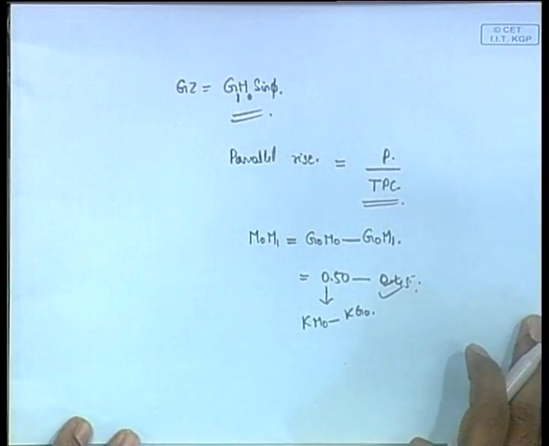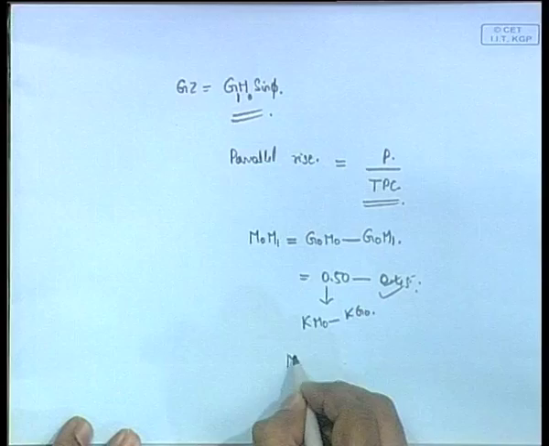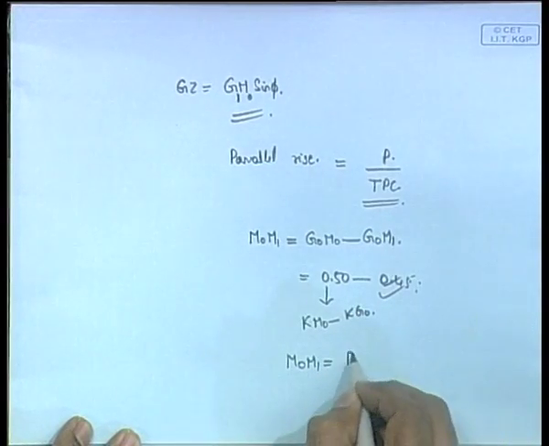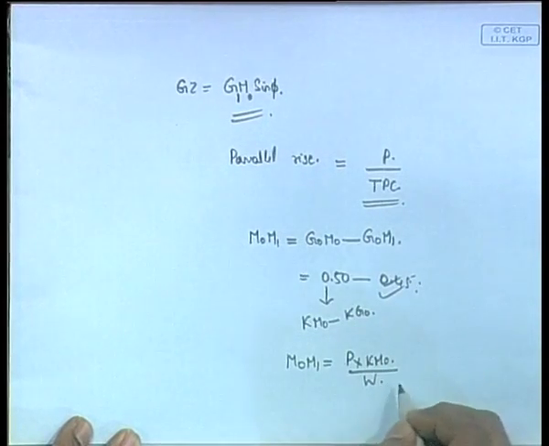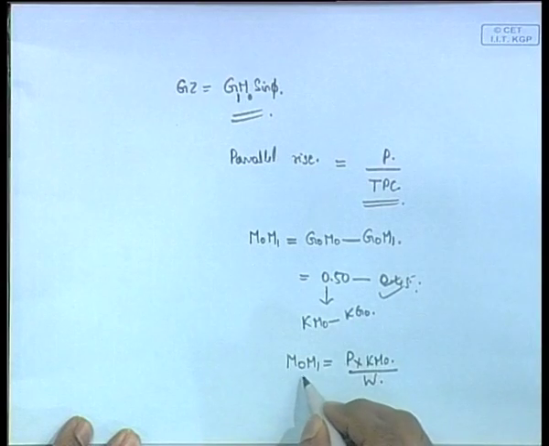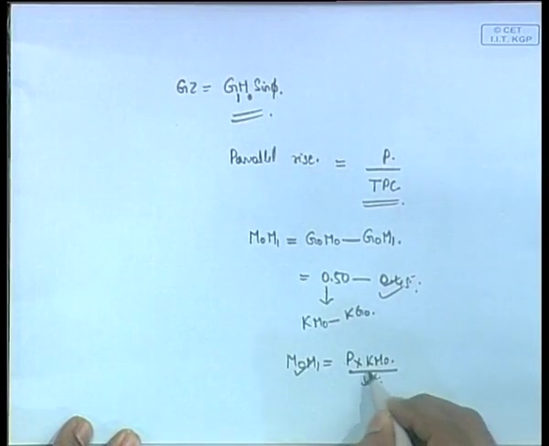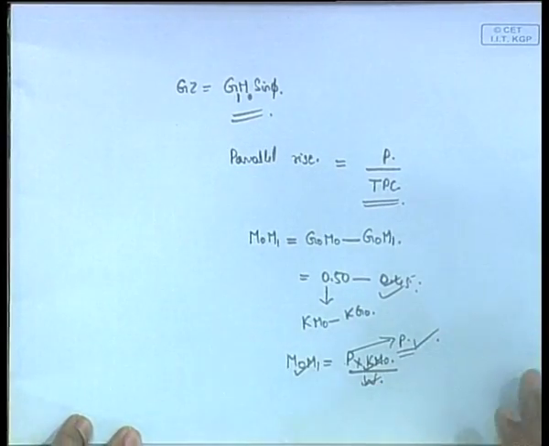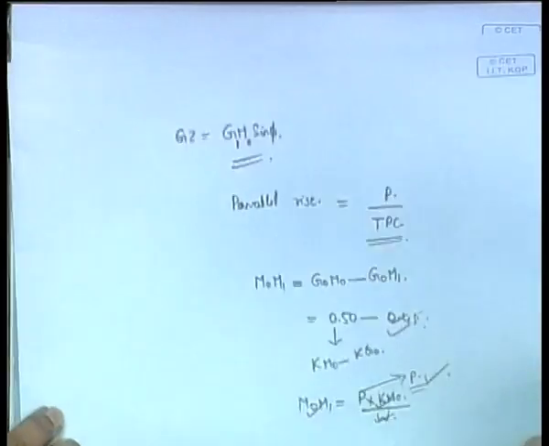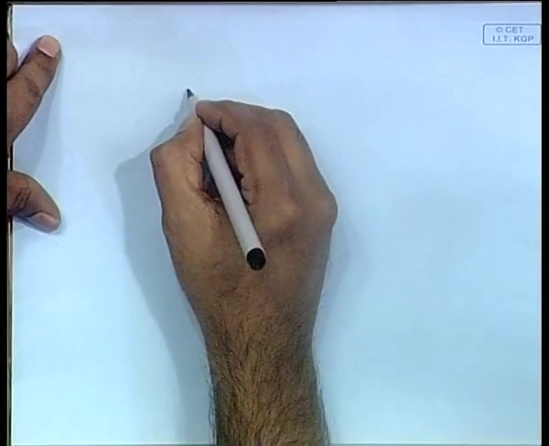Then we use the formula M0 M1 is equal to P into Km0 divided by W. Now, here we know M0 M1, W, Km0. So, you find out P. So, we know P now. Now, we are finding the final trim.